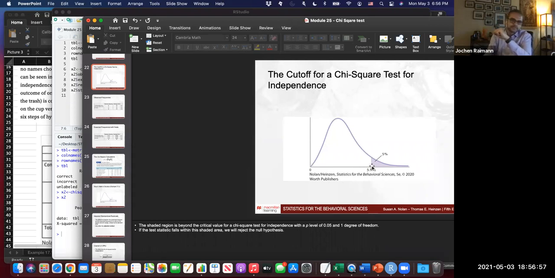Same story here. You have a threshold. You quantify this area under the curve and you compare it with the overall area under the curve. The entire area under the curve is 1. This area under the curve here is exactly 5% of it. So now you move further up and you have 7.601.